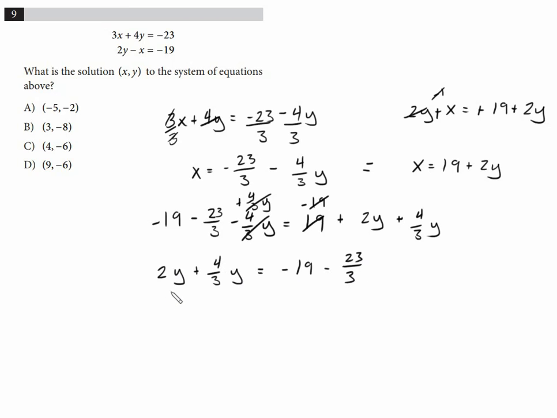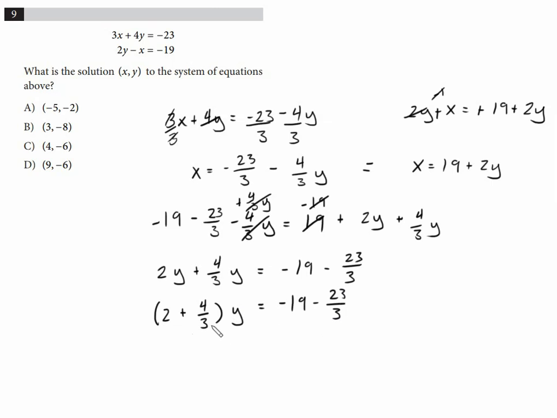And remembering order of operations, we can basically isolate the y here by grouping it this way. 2 plus 4/3 y equals negative 19 minus 23 over 3.